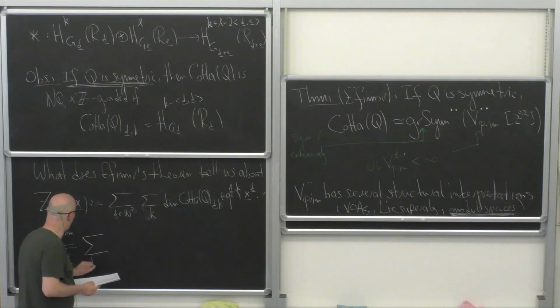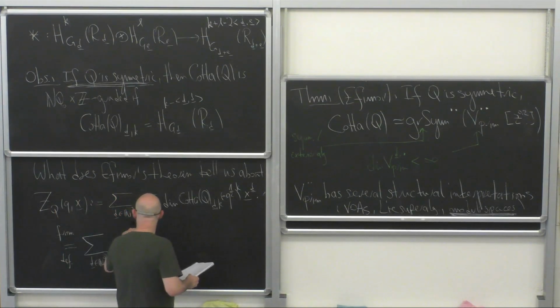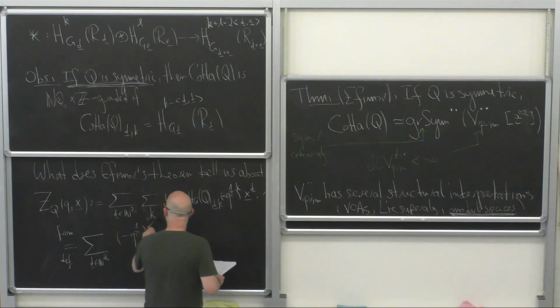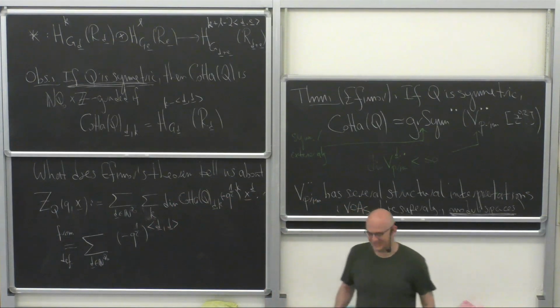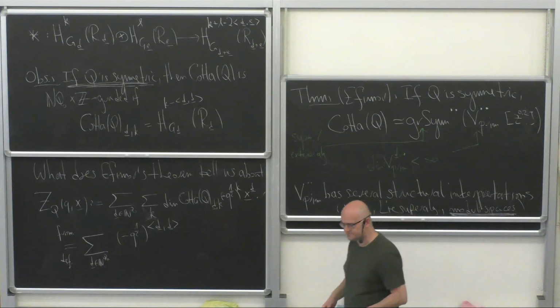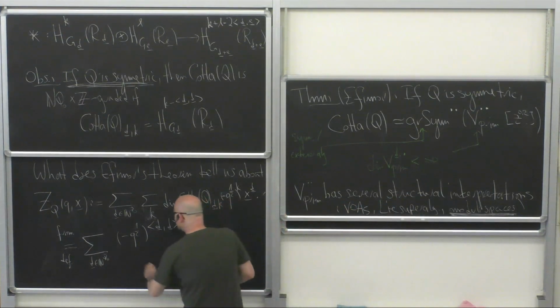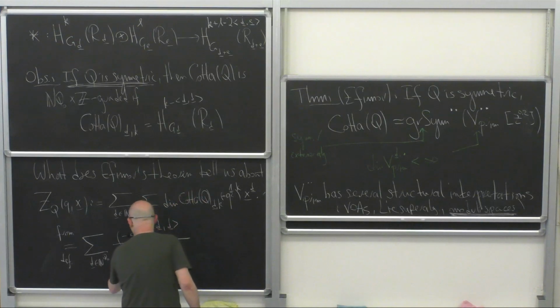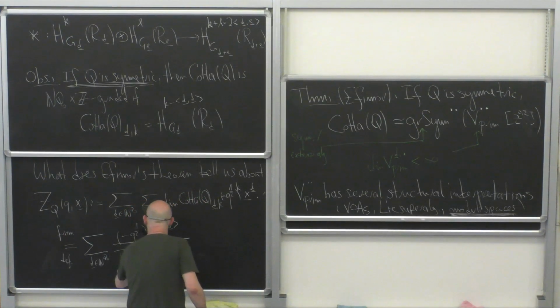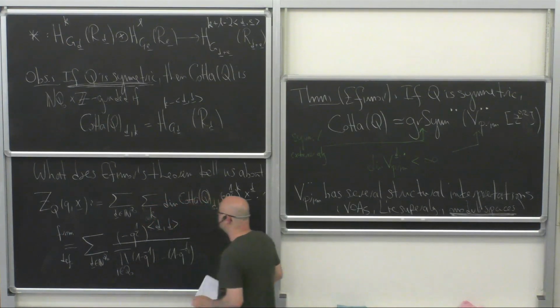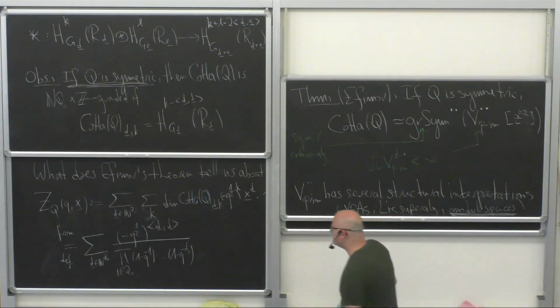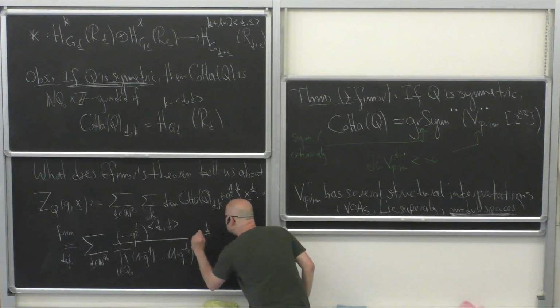You take the sum over all dimension types d, then minus q to the 1/2 to the power of the quadratic form (d,d) associated to the quiver. The denominator is a standard product of so-called Pochhammer symbols: 1 minus q inverse times 1 minus q to the minus i, and then finally x to the d.